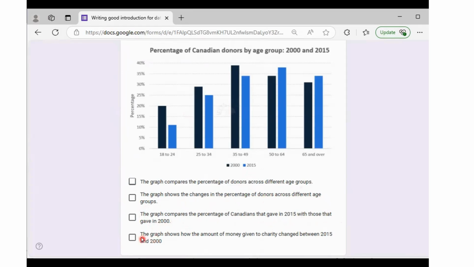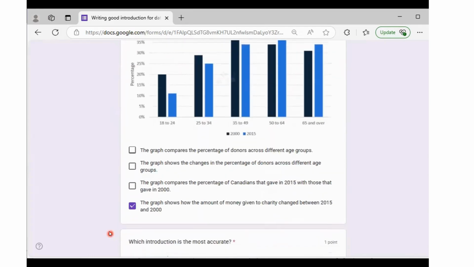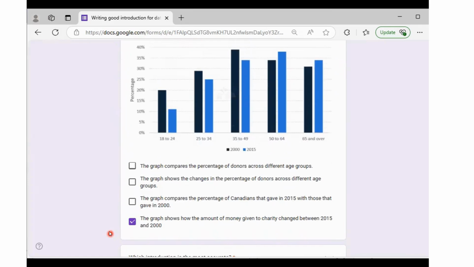Okay, number three. Number four, the graph shows the amount. No, this one is not the amount of money. We have to pick two. There's nothing about amount of money on this graph. The graph compares the percentage of Canadians that gave in 2015 with those that gave in 2000. Number two says the graph shows the changes in the percentage of donors across different age groups.